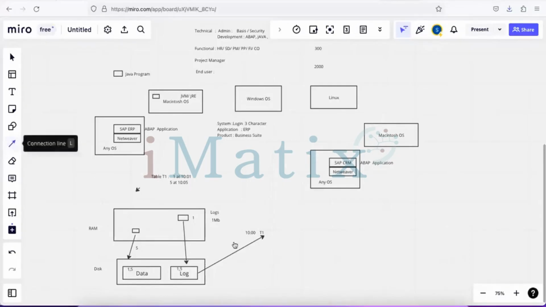Let's say 10:05 has not happened, let's say until 10:04. Until 10:04 everything is only in the log volume. Suppose I lose the power of the server at 10:04, 4 minutes of transactions can be recovered from the log.